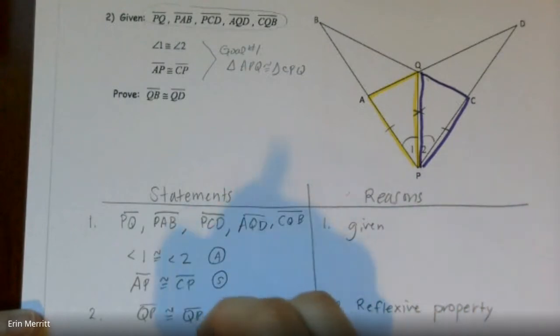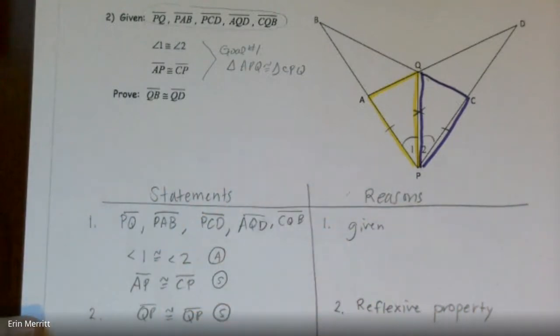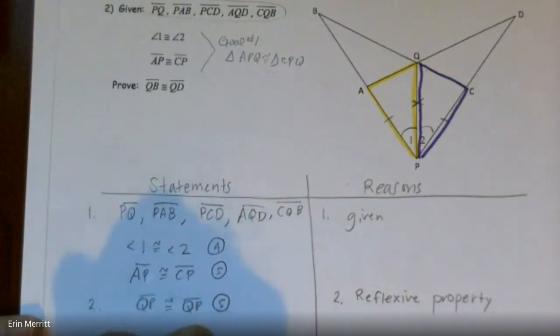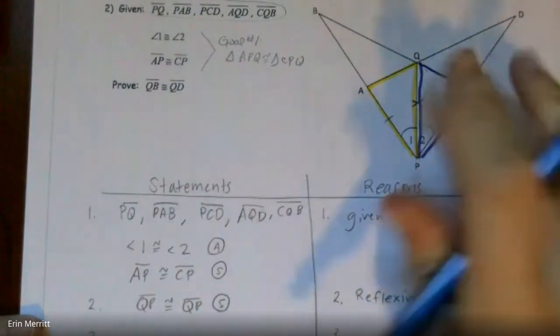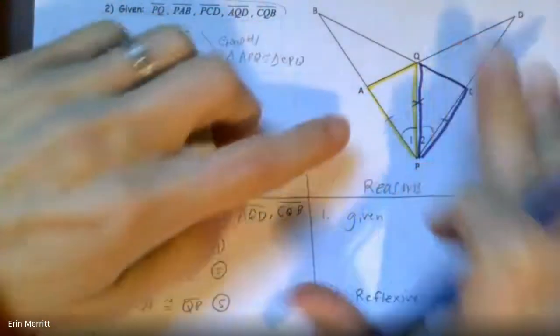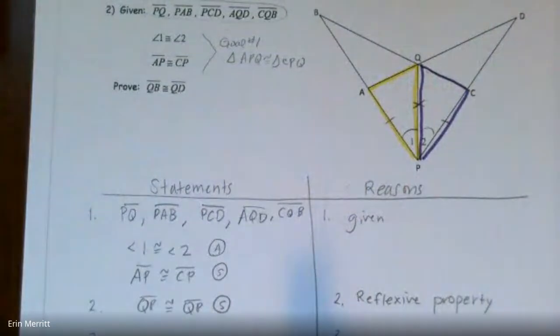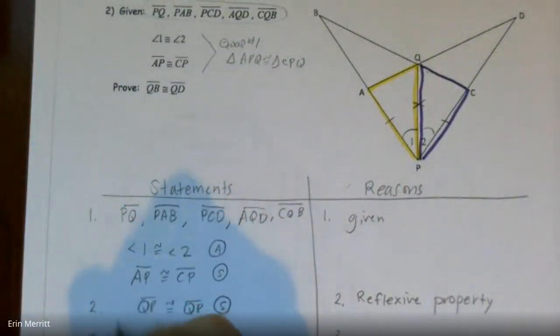And right there, we've got 3 pieces that we need to get those triangles congruent. As long as they show up in the right order in the diagram, which if I take a look, side, angle, side there, side, angle, side here, we are looking good to go. So we've got goal number 1 done. Triangle APQ is congruent to triangle CPQ by side, angle, side.